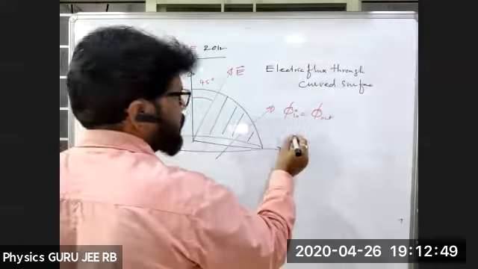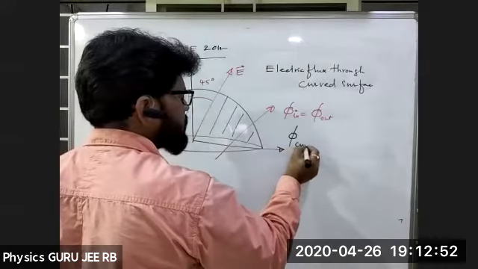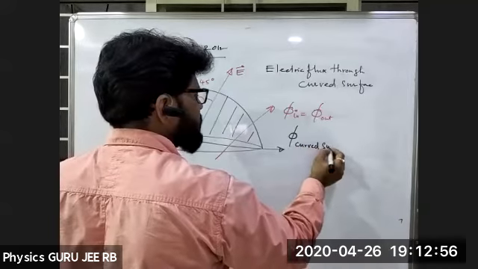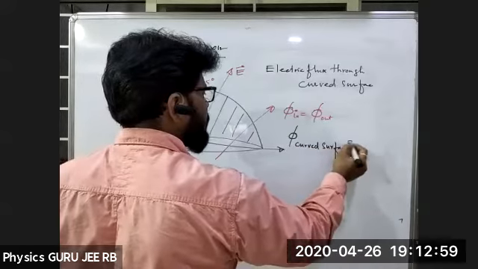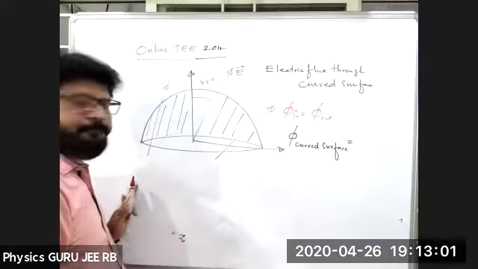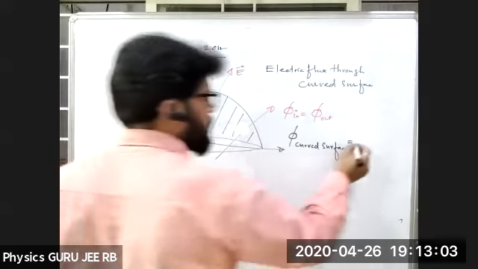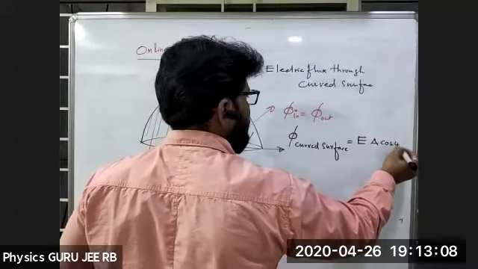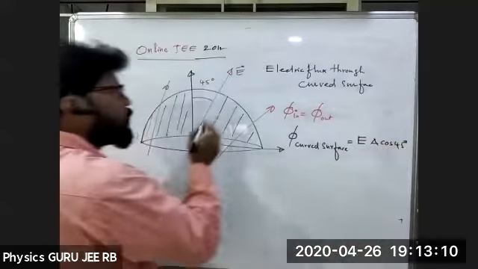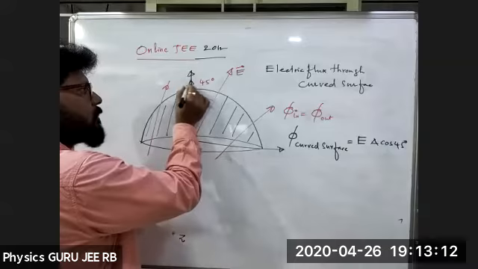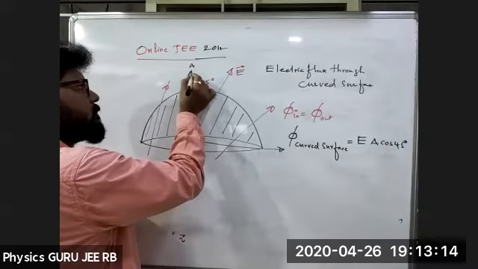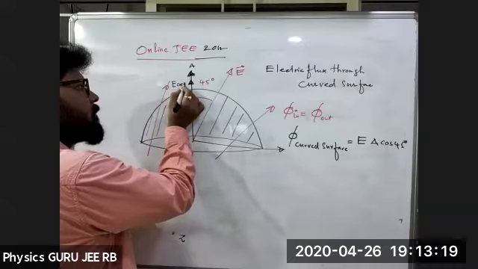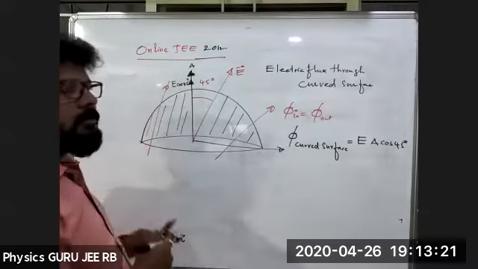So whatever the flux through the curved surface, I take flux through the curved surface as E into A cos 45 degrees. This is nothing but the direction of A, so E can be resolved, which is E cos 45. A into E cos 45.